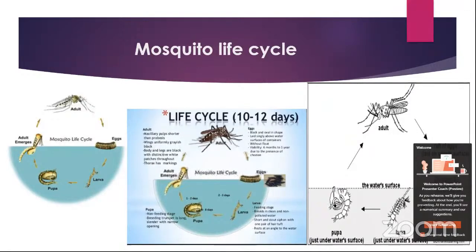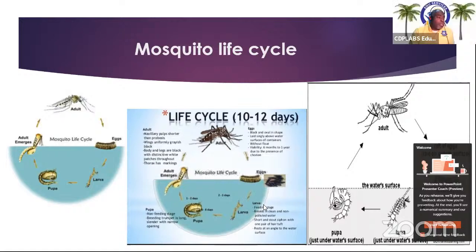Okay, good. Now, it is short and stout. They basically studied and described what they saw. It rests at an angle to the water surface, so it comes closer to the water surface. Now the pupa, on the other hand, this is the pupa stage.